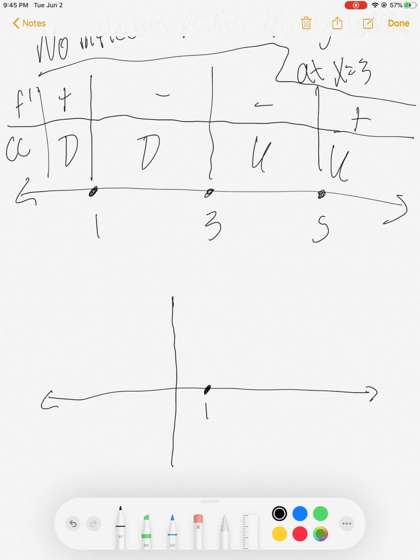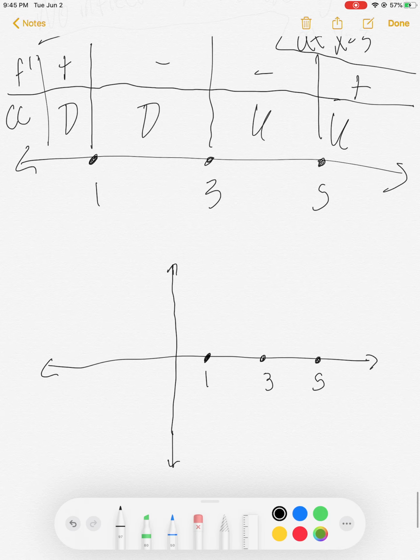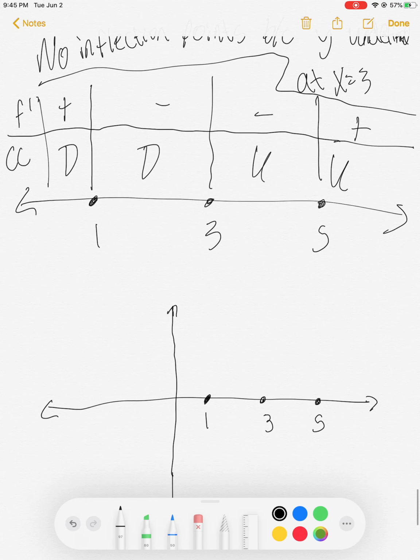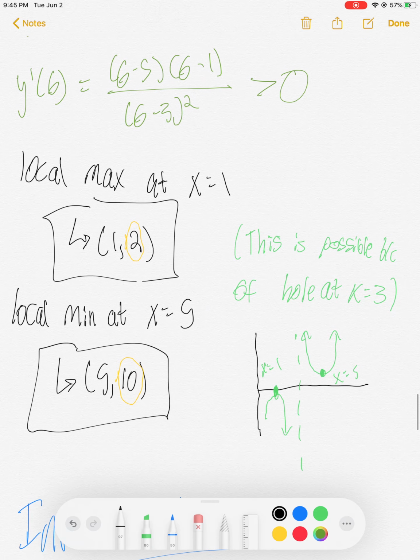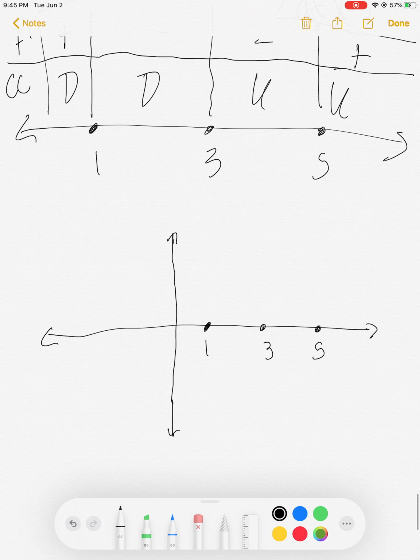Okay, so now we have broken up our domain into these 4 intervals. So first we're going to label, this is x equals 1, this is x equals 3 and x equals 5.